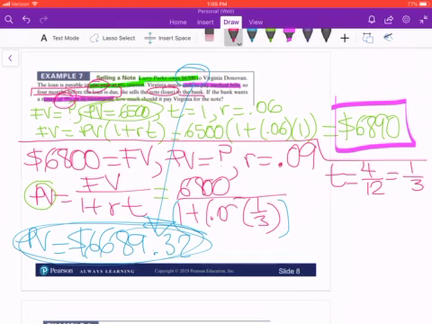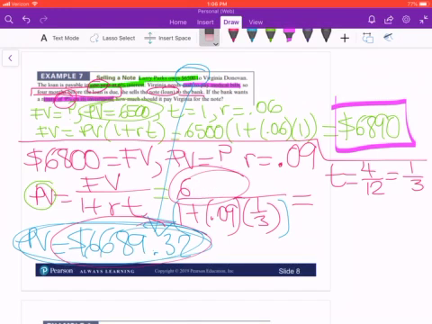So this should be 0.09 with the higher interest rate, and that's how they were able to make the 6,600 turn into 6,800. Or in fact, it should have been another mistake. I'm sorry. This number from here, 6,890.